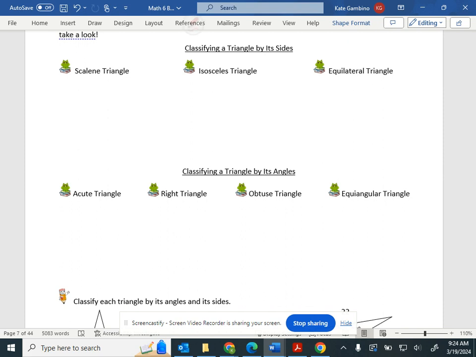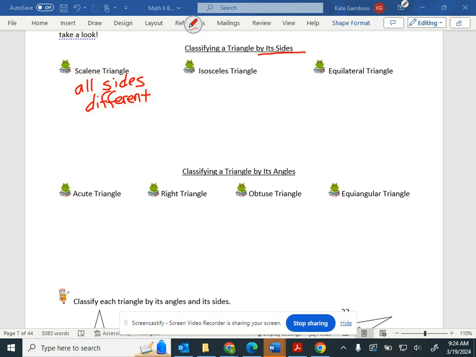So on your help sheet, write side names, the triangle sides. Scalene: all sides different. So if it's a scalene triangle, all the sides are a different measurement. If it's isosceles, what does that mean?